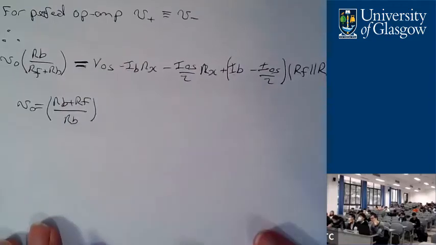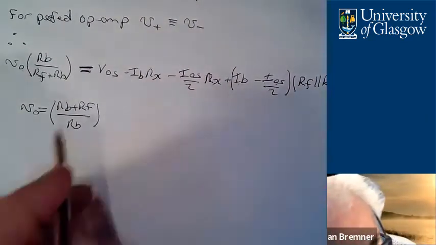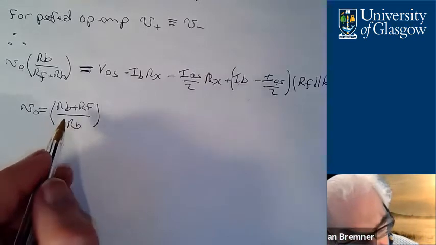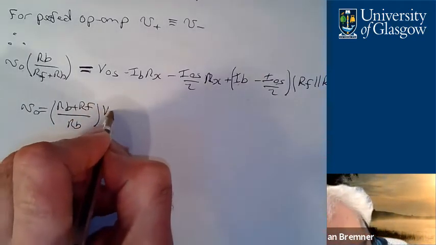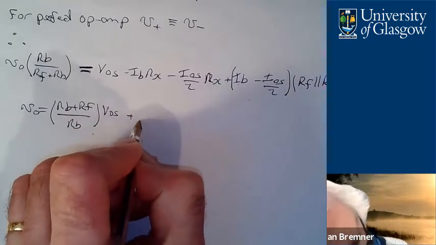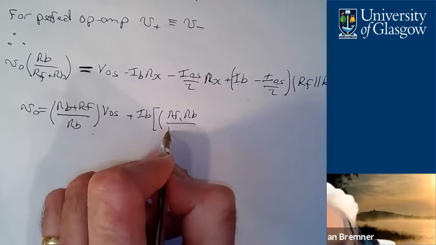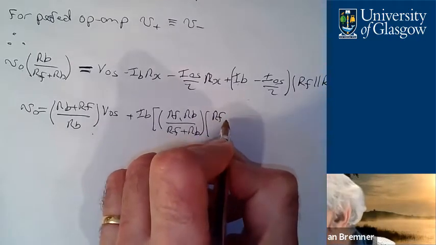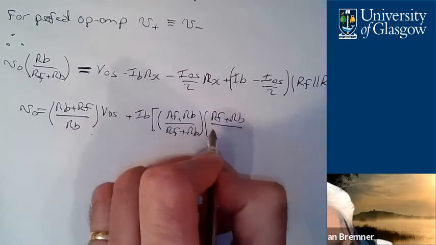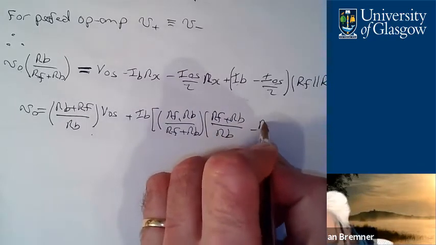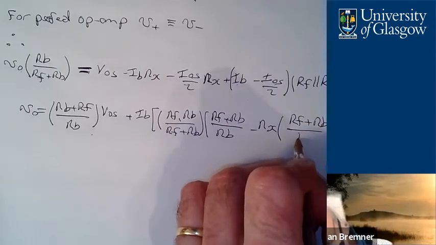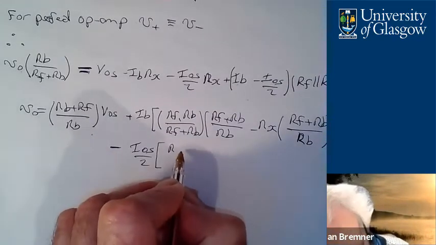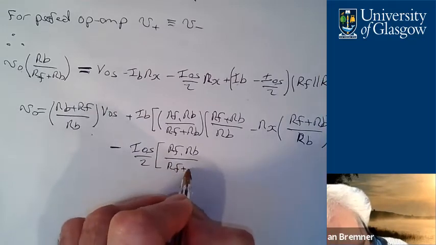Where was I? V out equals RB plus RF over RB, times VOS plus IB times RB over RF plus RB into RF plus RB over RB minus Rx over RB, minus, because I don't have a big enough sheet of paper, RF by RB over RF plus RB.